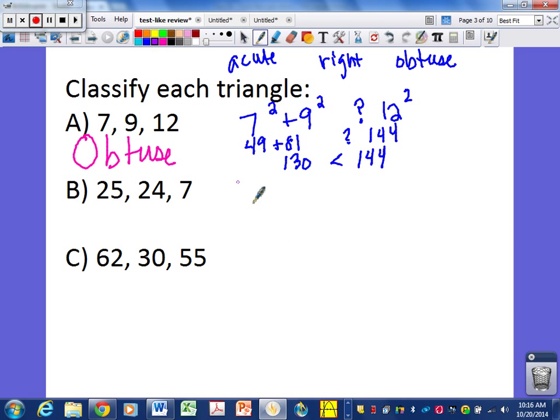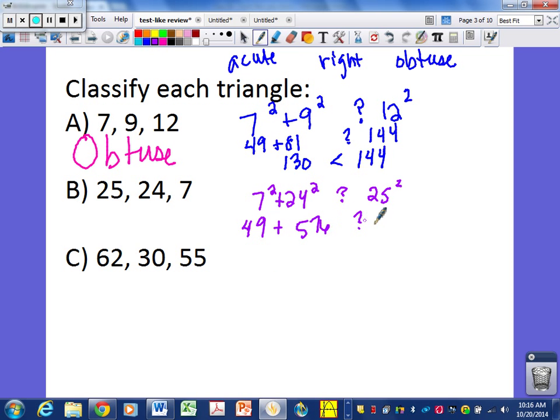This next one, how does 7 squared plus 24 squared compare to 25 squared? 49 plus 24 squared is 576.